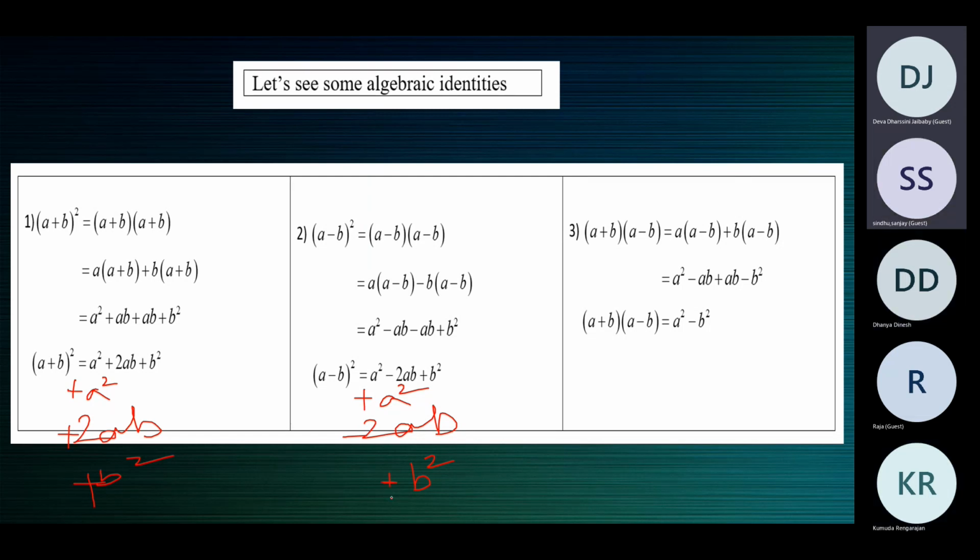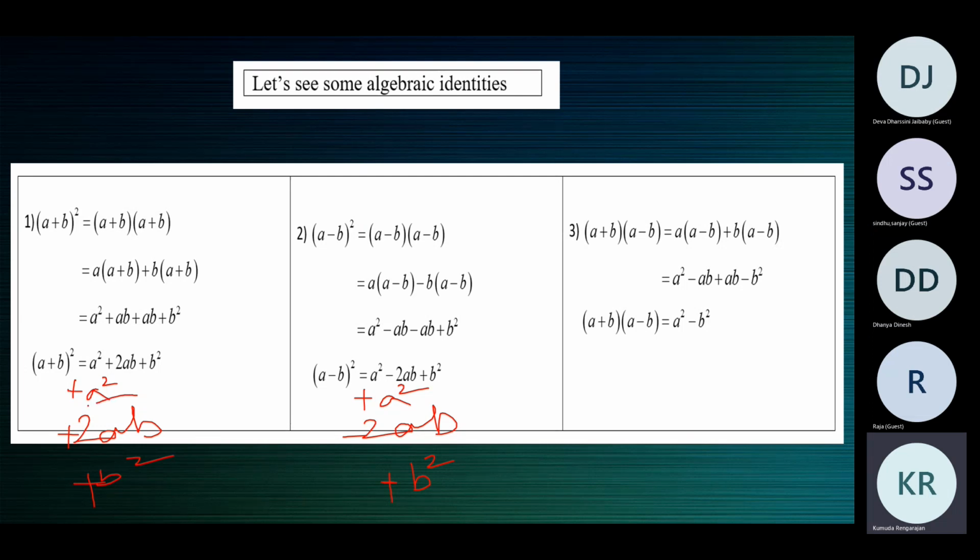What about B square? Plus B square, ma'am. Yeah, so you can see only this is called the middle term because here it's written in the middle. It's between A square and B square. It's called the middle term. But you can also write it as A square plus B square plus 2AB. It's normally written as A square plus 2AB plus B square. So 2AB is called the middle term.